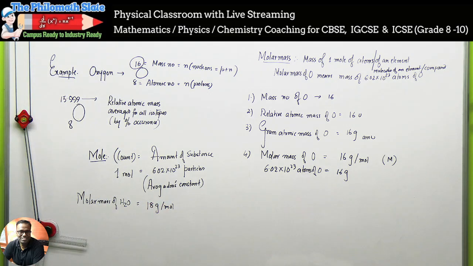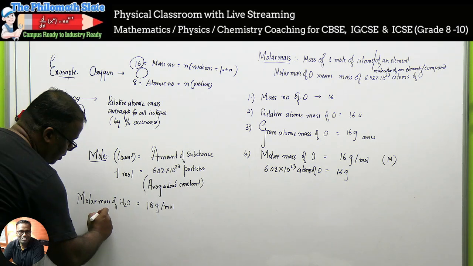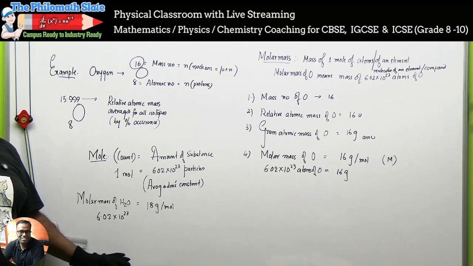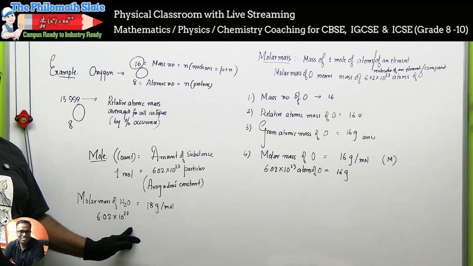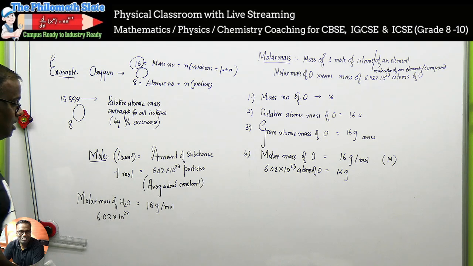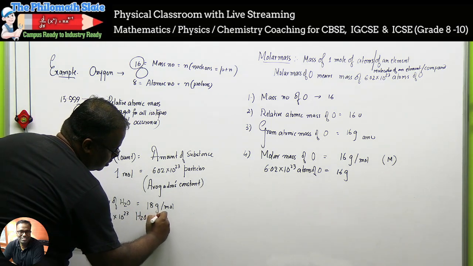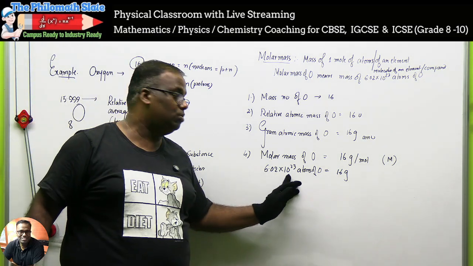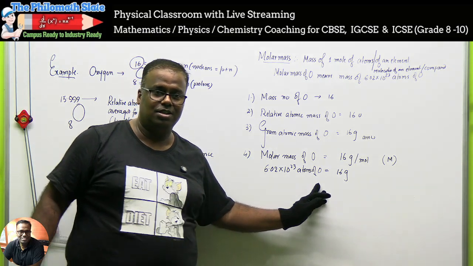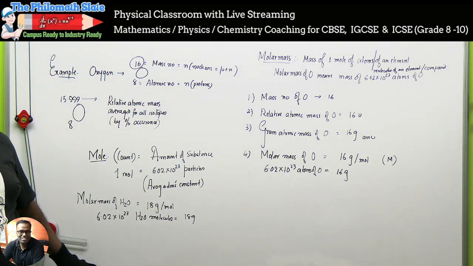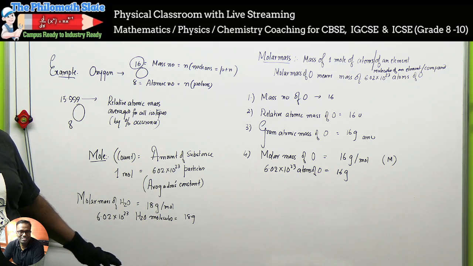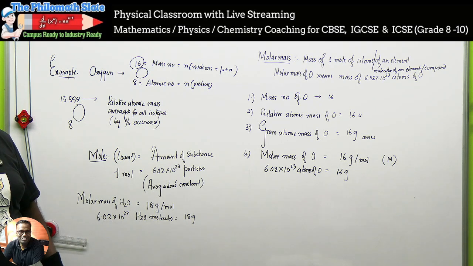Which means if I bring 6.02 into 10 to the power 23 H2O molecules, this is the catch. This is 18 grams. This is molecules, because you are talking about the molar mass of a molecule; it has nothing to do with atoms here.